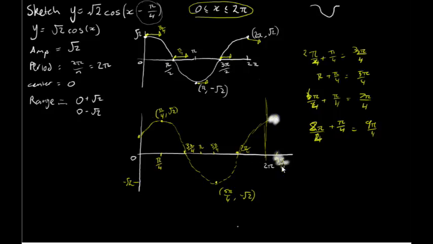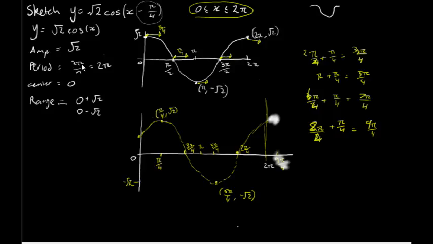I don't need any of that. And I do add on this extra bit there. So that's how we essentially sketch these graphs with the horizontal translation. Just start with your basic graph and then translate it either left or right. If that was a positive pi on 4, we'd be moving to the left instead of the right.